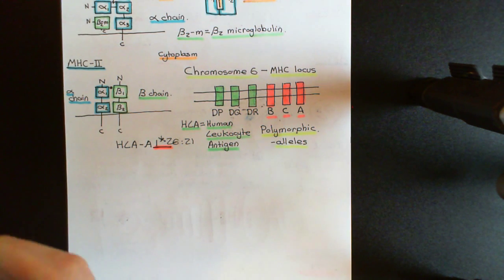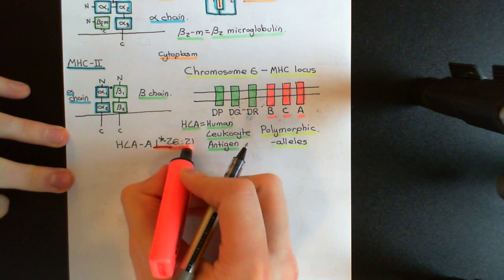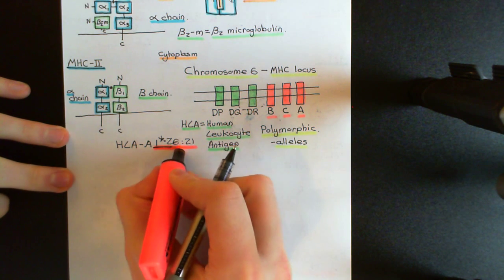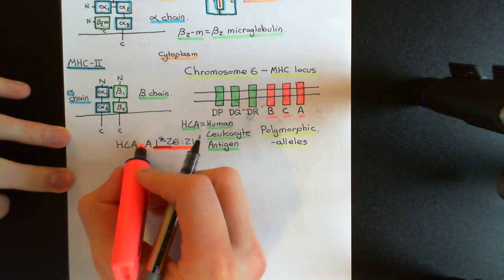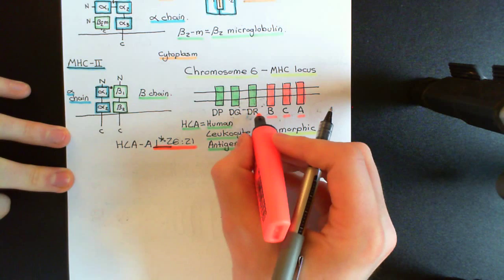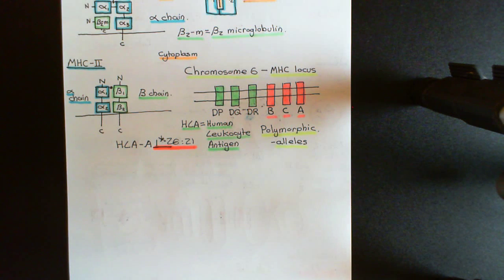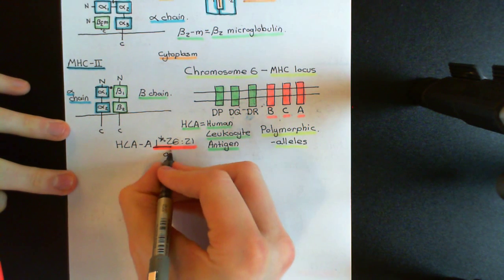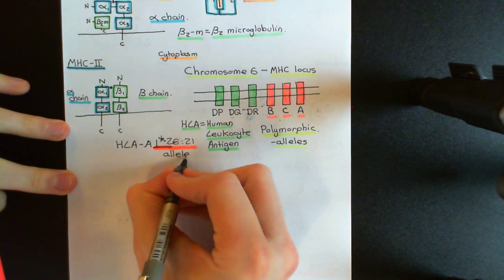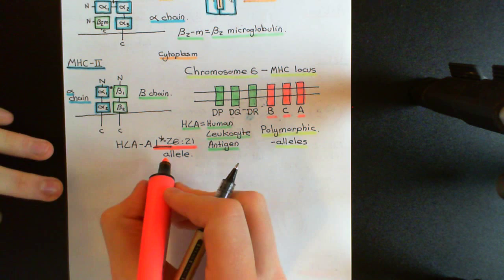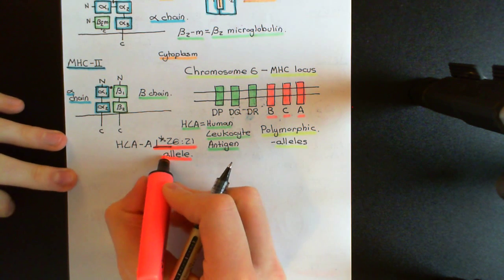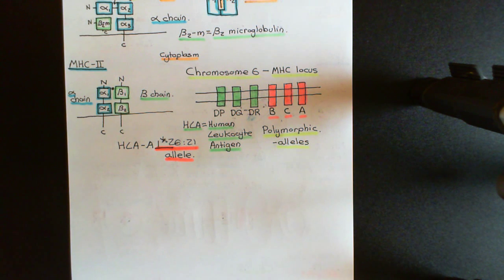What I want you to take away from this is that all this great big mess after the HLA and the letter A, B, C, DP, DQ, DR tells you which specific allele you are dealing with. So this is the name of the specific allele of that locus. You will see this commonly if you read the literature. Okay, so that's the naming of the different alleles.